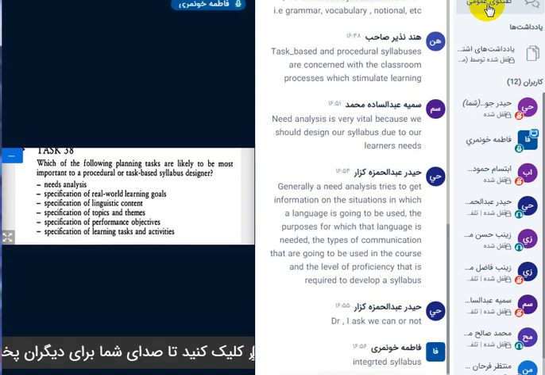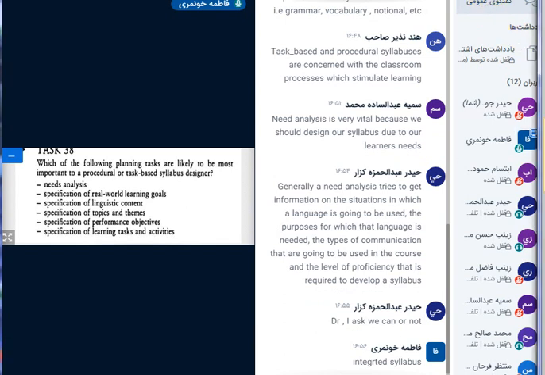An integrated syllabus is a kind of syllabus in which all the points of strength of the previous syllabuses are taken and included in the syllabus.